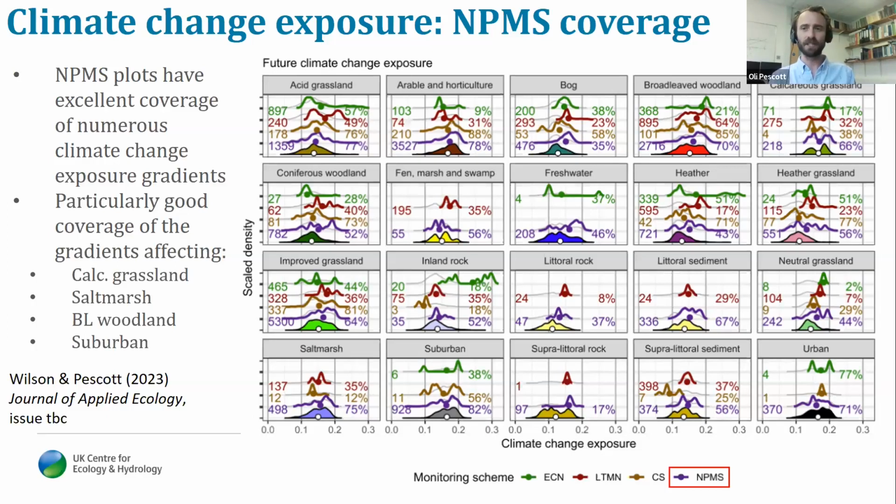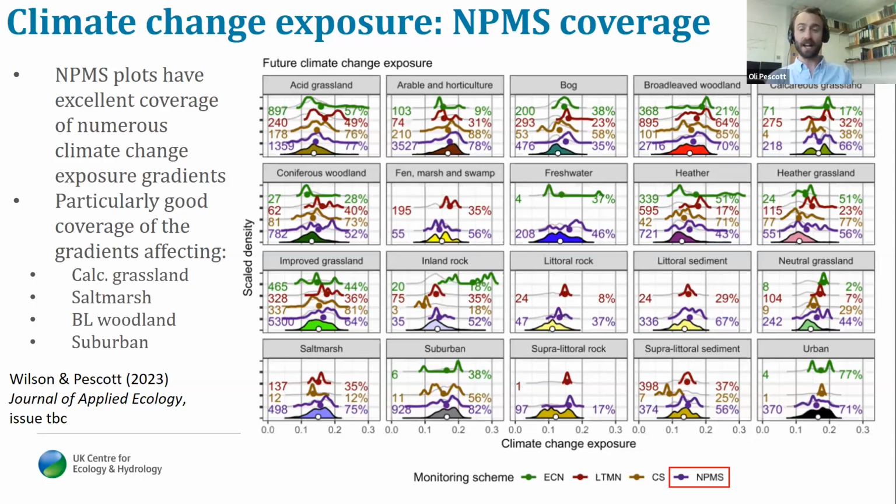It allows us to be quite confident that if we're going to start saying things about changes in NPMS calcareous grassland plots, insofar as they might relate to climate change, there is a reasonable link there. And one of the reasons to do this also was to direct our future research.